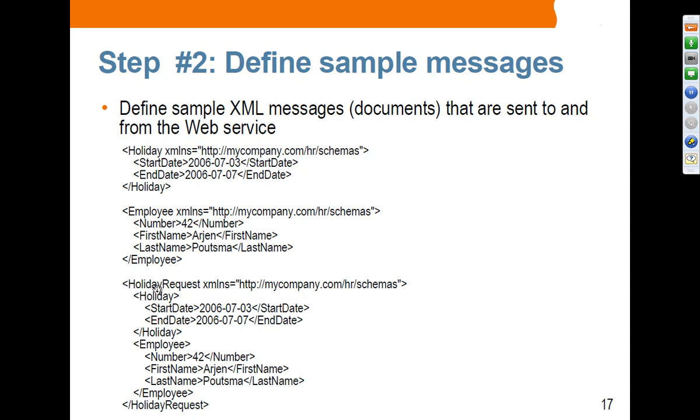We have a holiday request, holiday information, and employee information. So you create the holiday message fragment, the employee message fragment, and then a holiday request fragment combining these two.